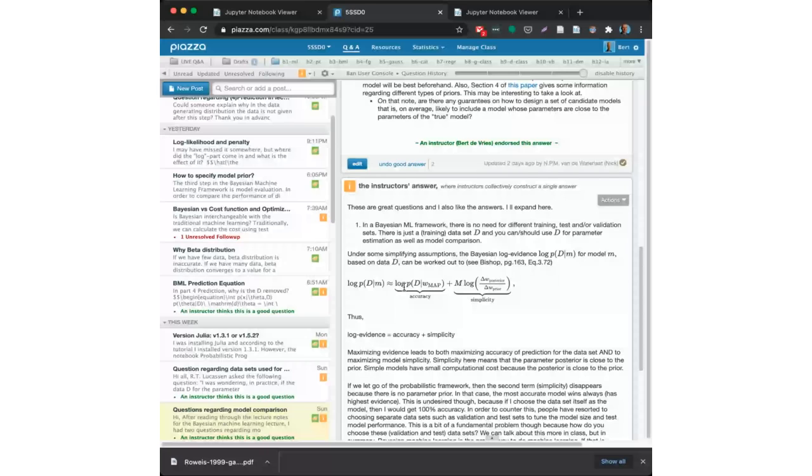You just want to say, okay, here's a holdout set of data. I'm just going to see how well my model predicts a data set that I do not train on. That's a totally fair, let's say, ad hoc mechanism to check the performance of your model. But it's not as principled as just computing the posterior for the model. Right?